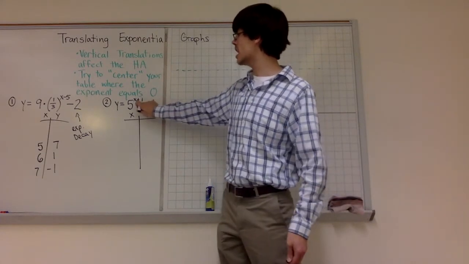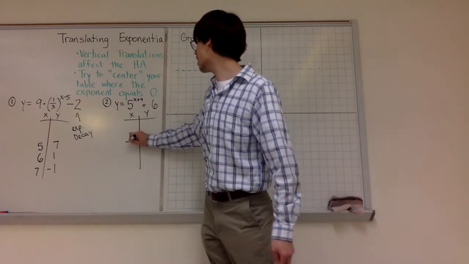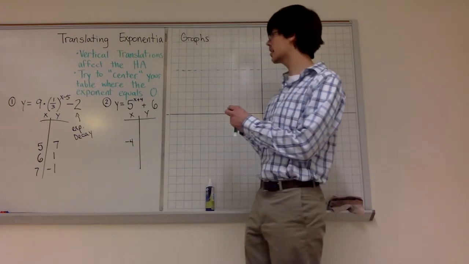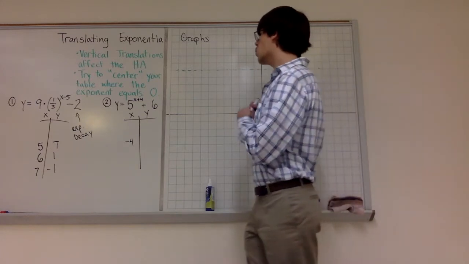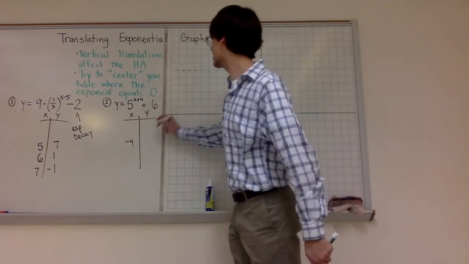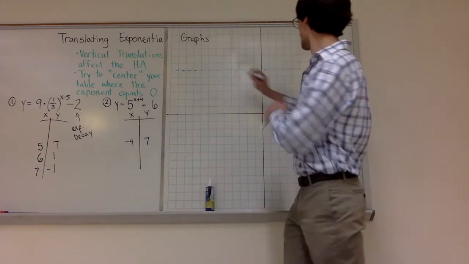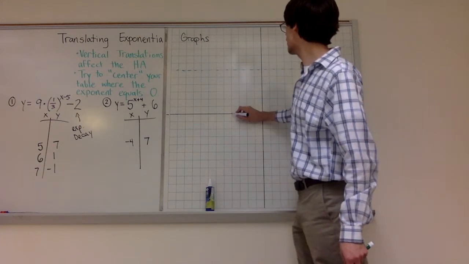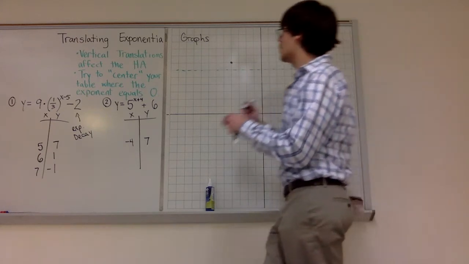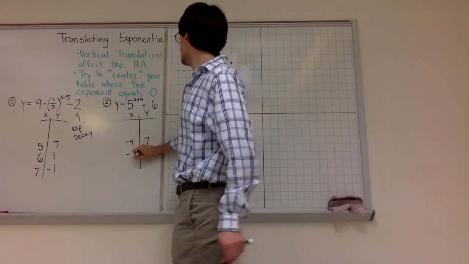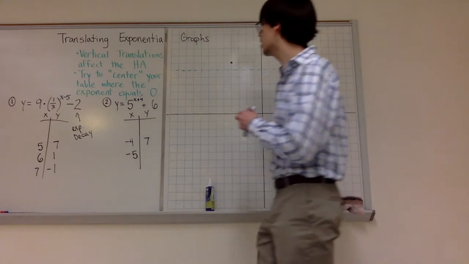So I'm going to make sure I use -4 first. If I plug in a -4 for x, I will get out on this graph, just type it in the calculator here, we would get out a 7. So I'm going to plot -4, comma, 7 right there. I'm going to go ahead and plug in a -5.